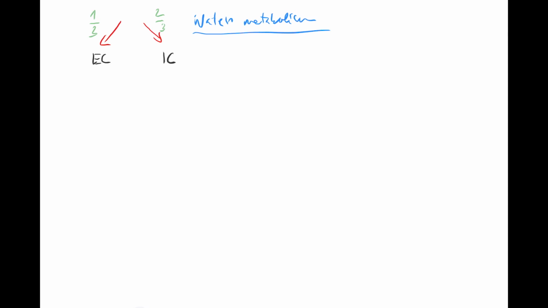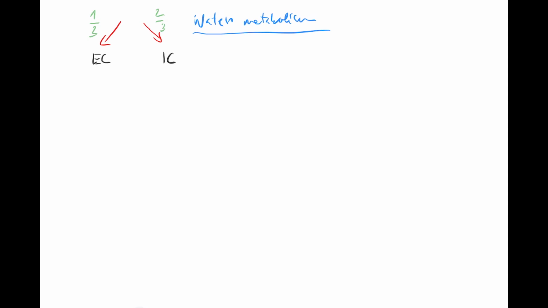No. It will stay only extracellular, because there is no tonicity difference between these two spaces. You won't change the tonicity, so you will only expand the extracellular volume. That's very important to understand.